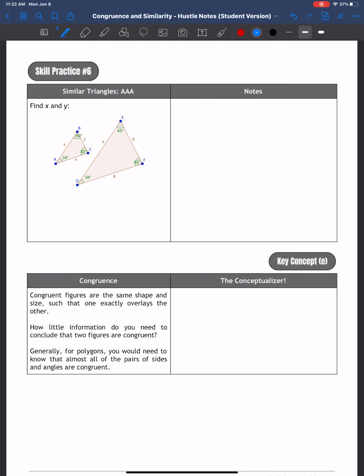So, looking at our next question, we have angle, angle, angle theorem, right? So, thinking about our angle, angle, angle.